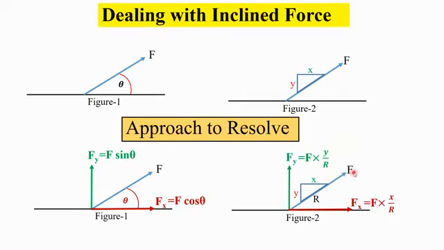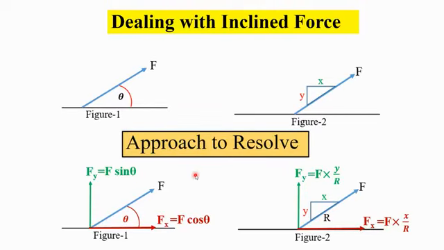You know F, so divide by R and multiply by Y. So at the same time, the situation may come: if you know Fy, how to find out Fx? Very easy. You divide Fy with Y and multiply by X.